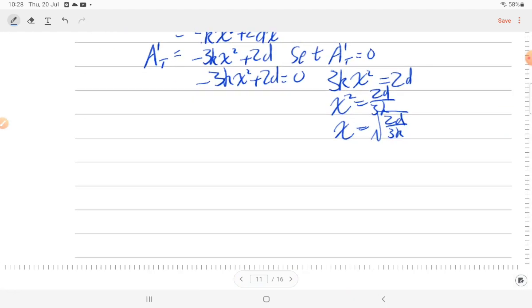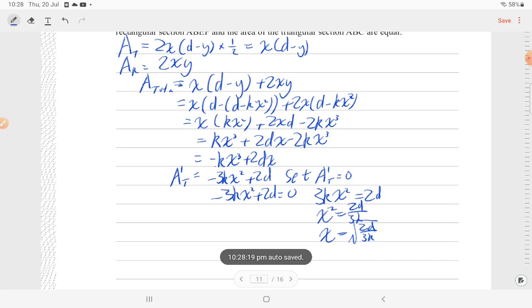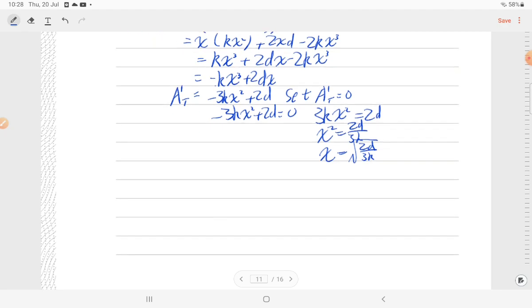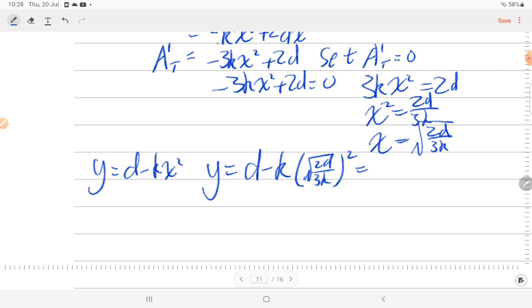So if we plug this into our equation, remember y is equal to d take away kx squared. y is equal to d take away k times square root of 2d over 3k squared, which is equal to d take away 2d over 3, which is equal to d over 3.